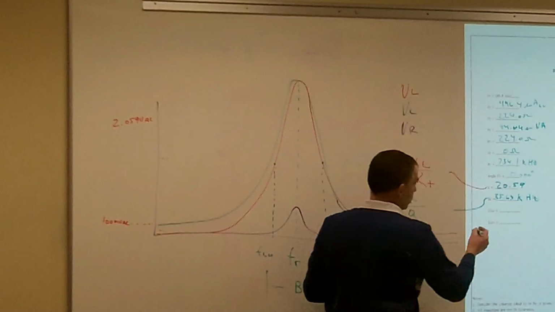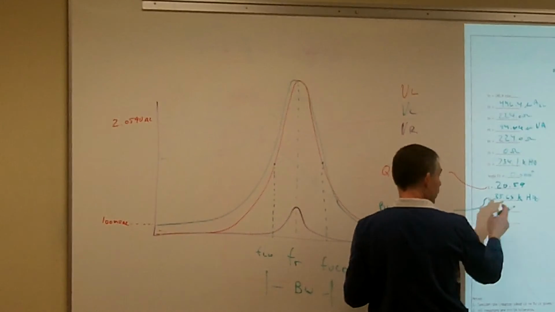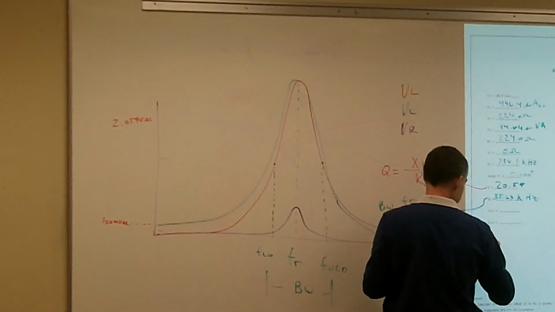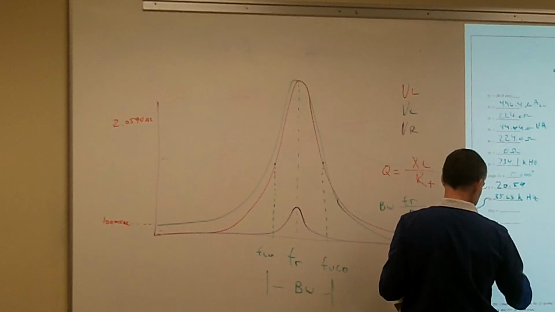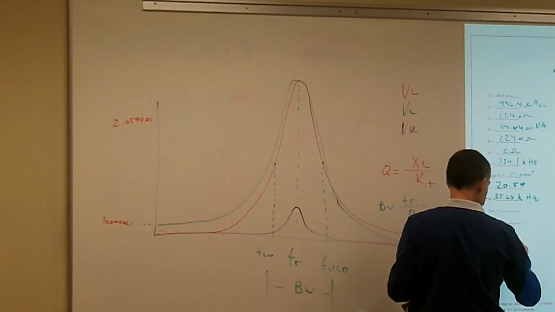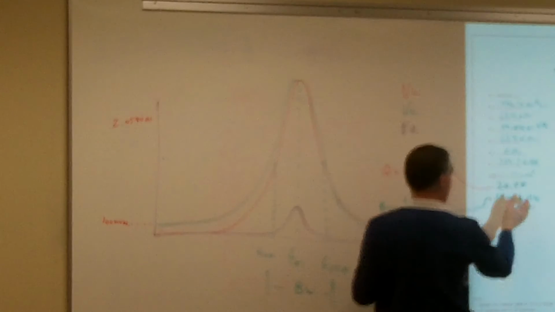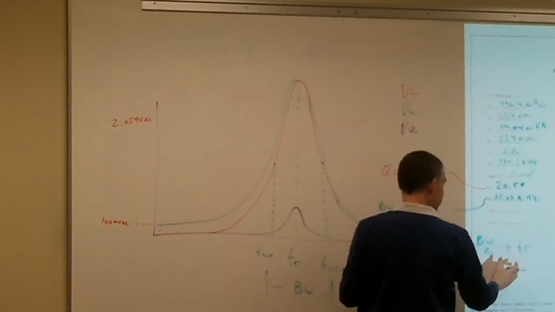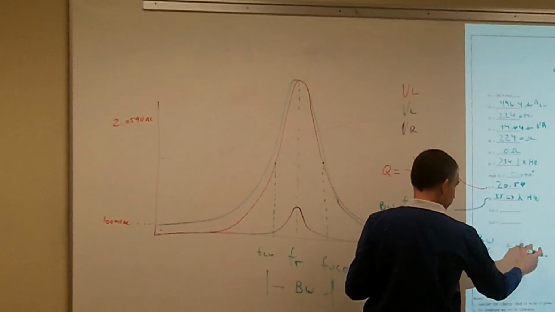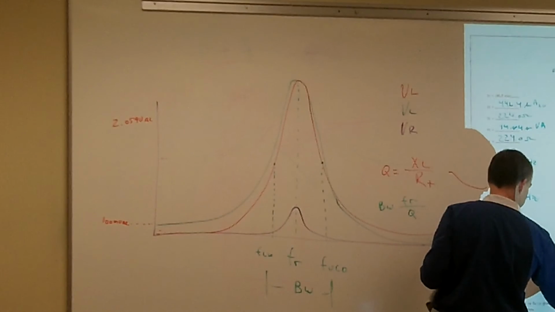So to calculate your frequency cutoffs, all I have to do is take my bandwidth, divide by 2, and then just add it to my resonating frequency.